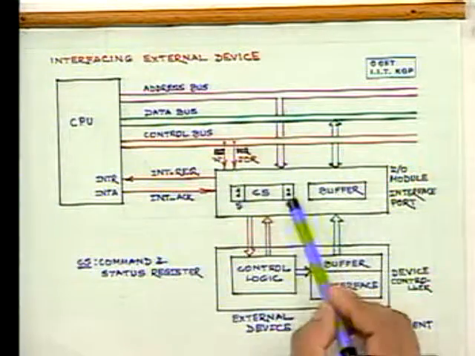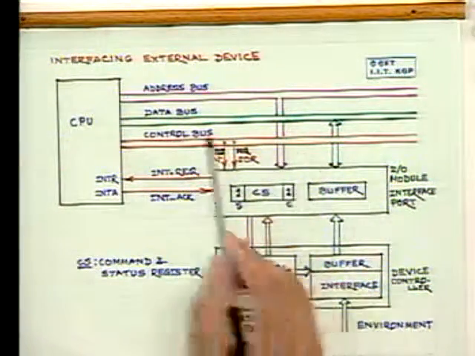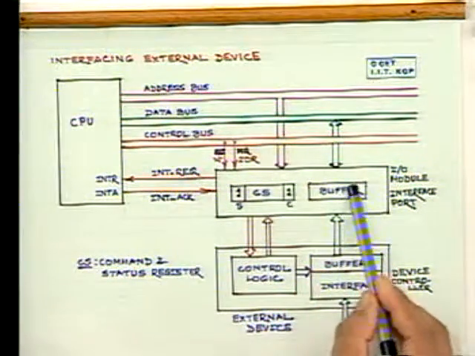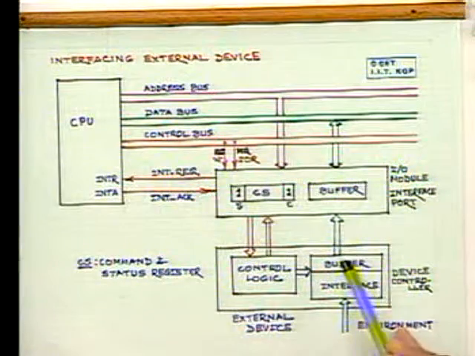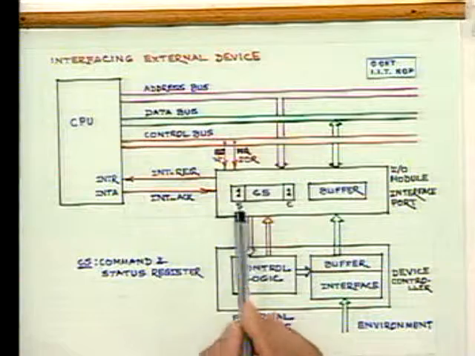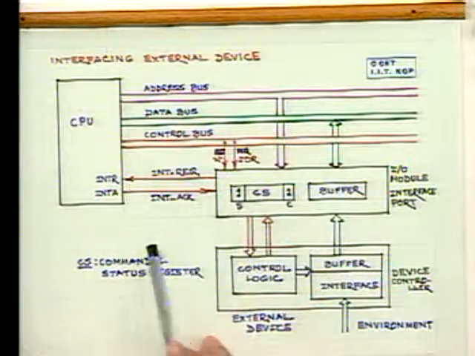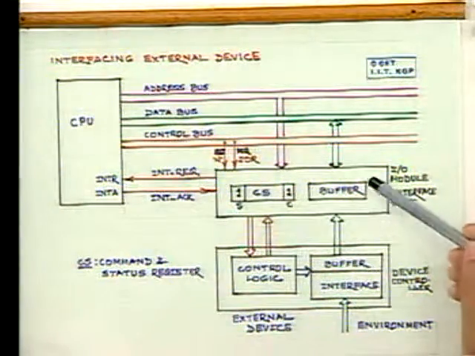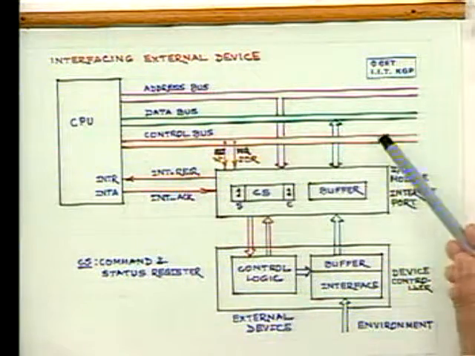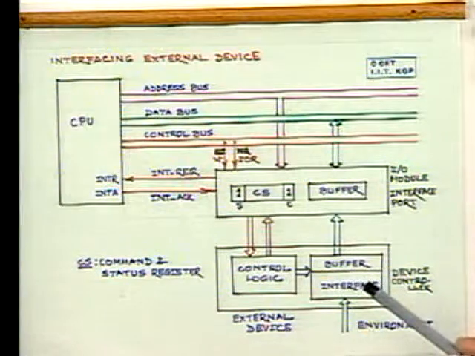The command bit will be set to 1, the CPU will send the data into the buffer, and on consumption of the data from the buffer by the device controller, the device controller will set this status bit to 1. That is why I am saying that whatever discussions we made in terms of an input device is similarly true for an output device and vice versa.